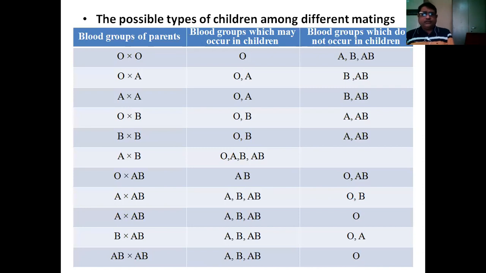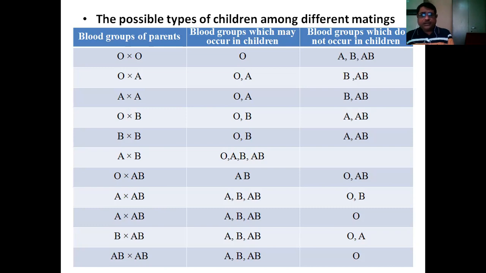Now, these are some of the possible blood groups of the offspring based on the blood groups of the parents. Most of the time, the blood groups of the parents can be used for parentage testing.